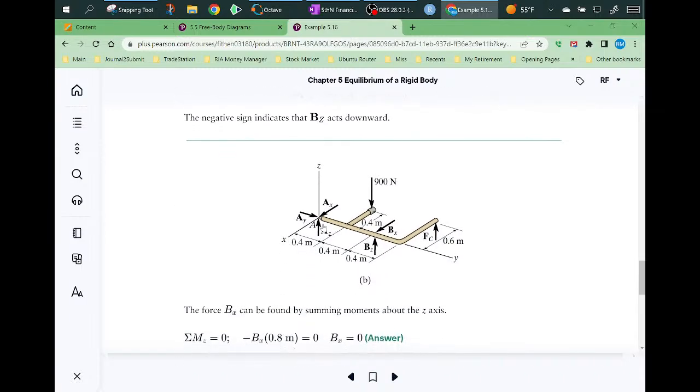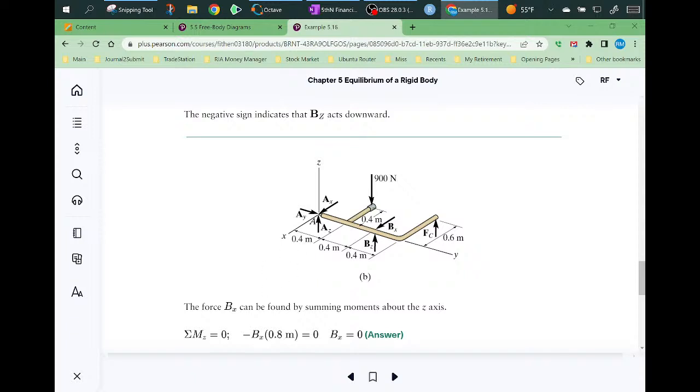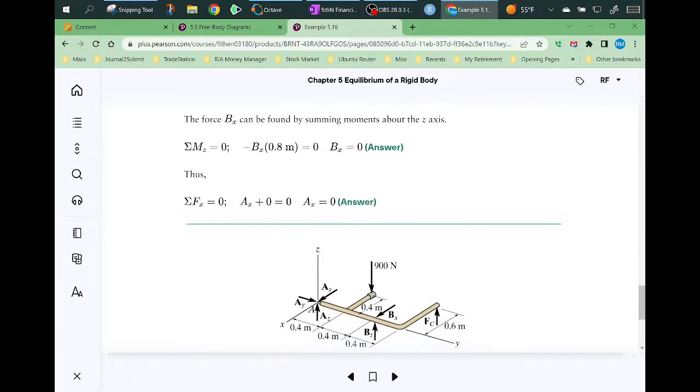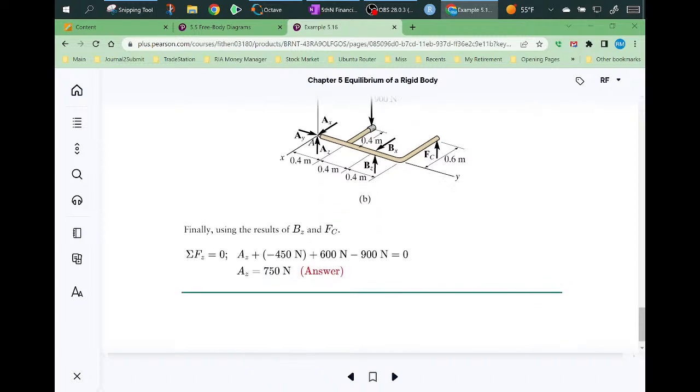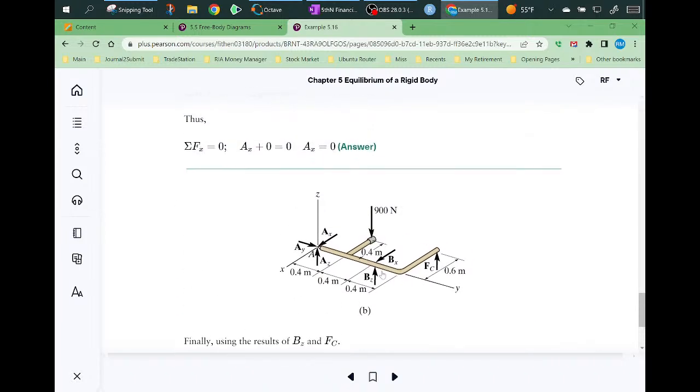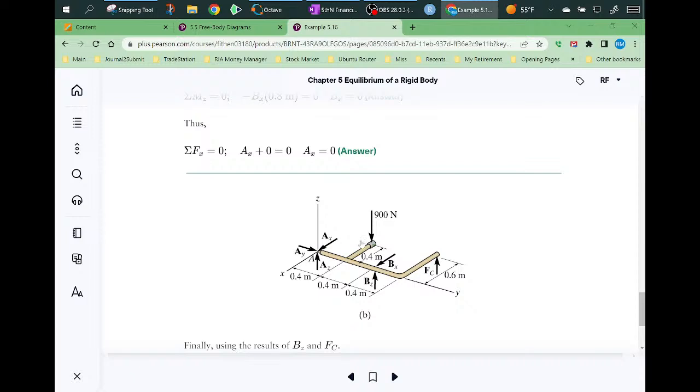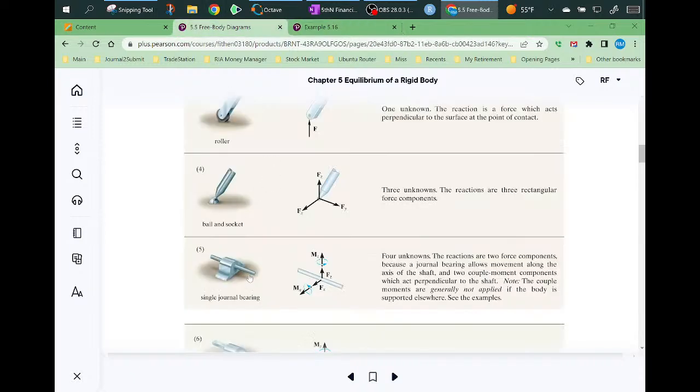It would be okay until he's summing the moments about Z. He's made an assumption that it's not going to carry a moment when clearly it states that a single journal bearing can carry a moment perpendicular to that line of action there.